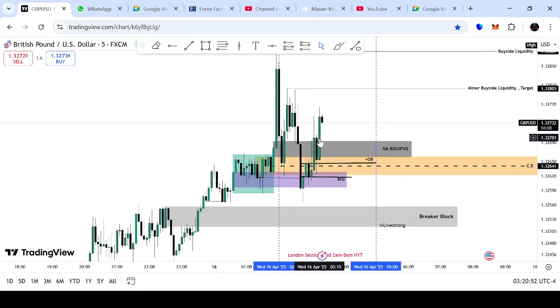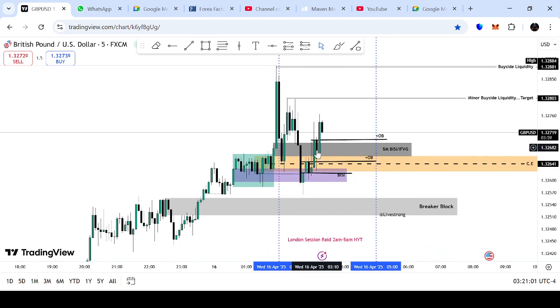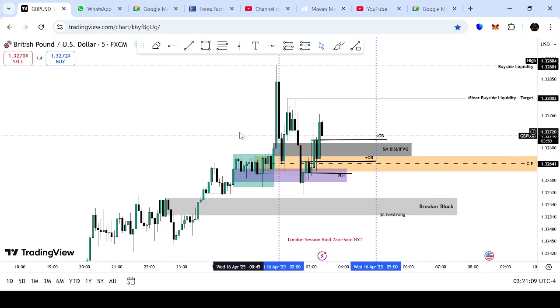We can also anticipate this other bearish close candle there as other block. So we are looking at every last close bearish close candle as other block. We have a minor buy side liquidity here to be taken.